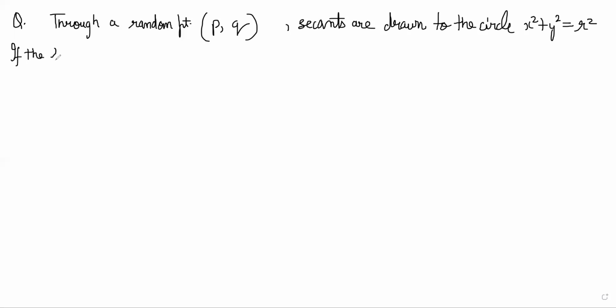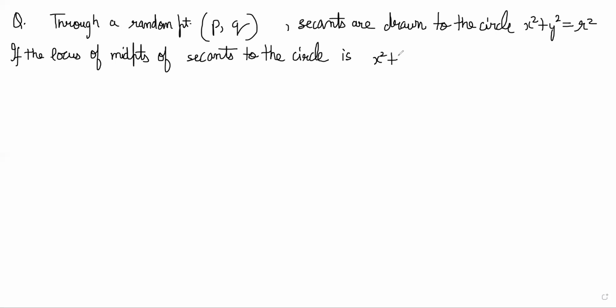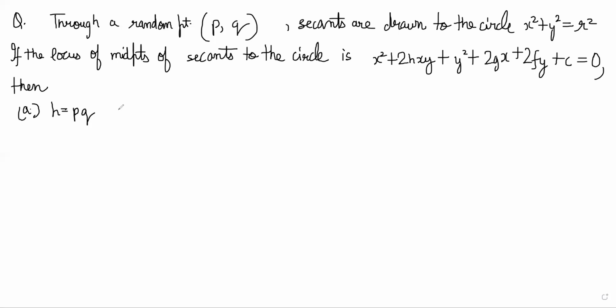If the locus of midpoints of secants to the circle is x square plus 2hxy plus y square plus 2gx plus 2fy plus c is equal to 0, then: a, h is equal to pq; b, g is equal to p; c, f is equal to q; and d, c is equal to 0.